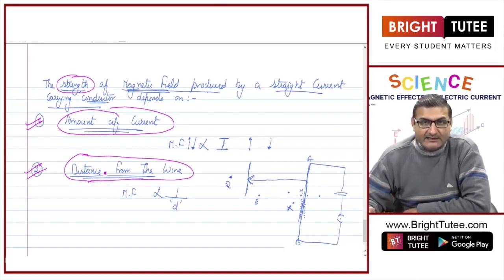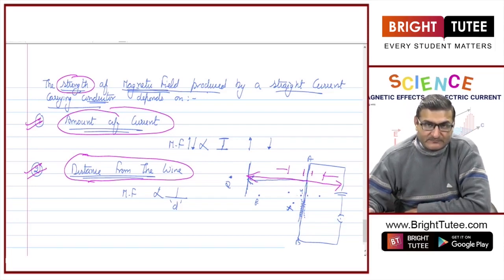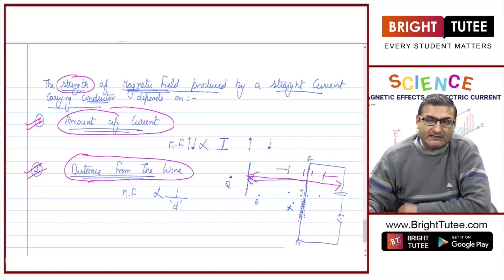Magnetic field is considered to be reciprocal or inversely proportional to the distance, right? At a greater distance from the wire, you will find that the magnetic field is very weak. As you come closer to the wire, you will find that the magnetic field is stronger, and the closer it is, the strongest it will be. Got it? Fine. So this is the magnetic field strength of a straight current carrying conductor.